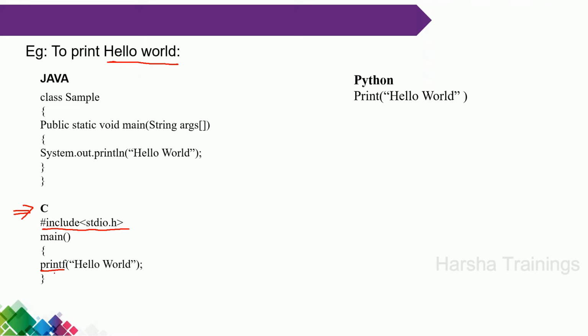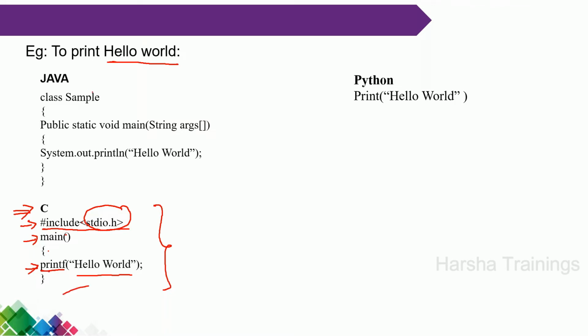Simply, here printf is called a function call. Whenever we call printf, control goes to this header file, where the definition of printf is available. Simply, it prints the message. So first we have to include the header file, then main, and then use the print statement for printing the message. This is the program in C language. That means for a simple hello world, you have to write 5 lines of code.